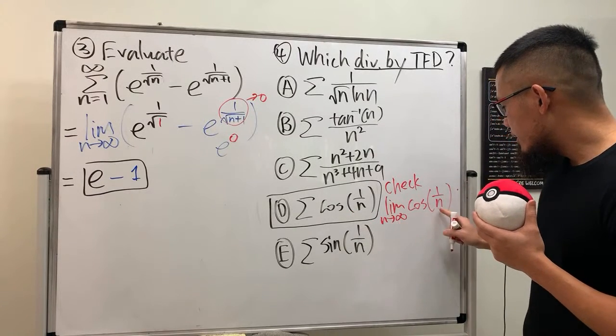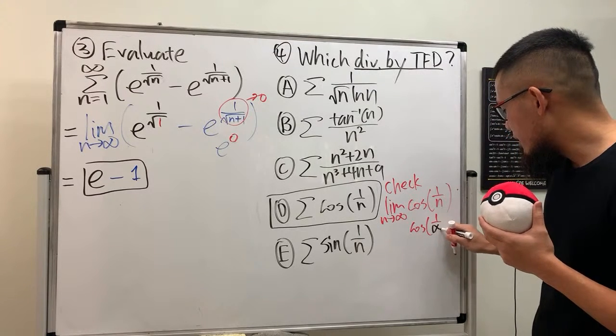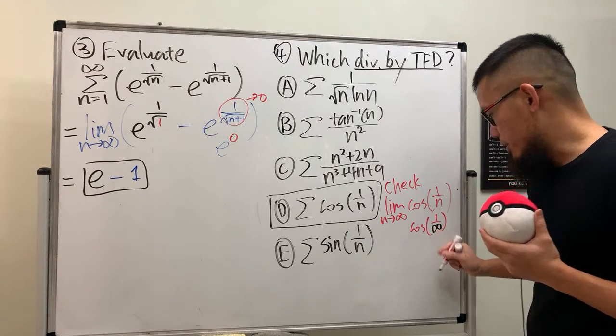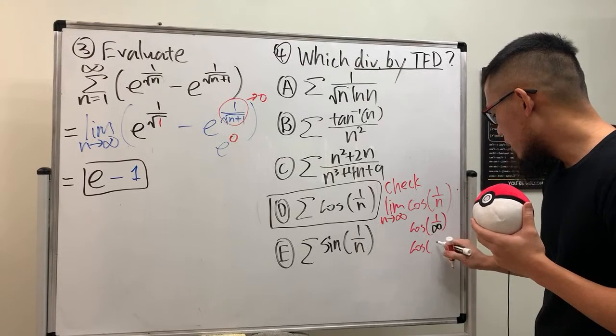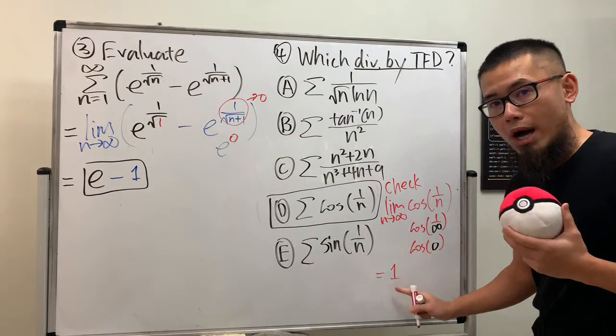If you put infinity in here, you get cosine of 1 over infinity, and that's going to be cosine of 0. And in the end, you just get 1.